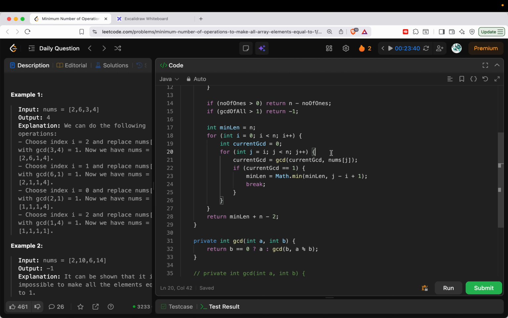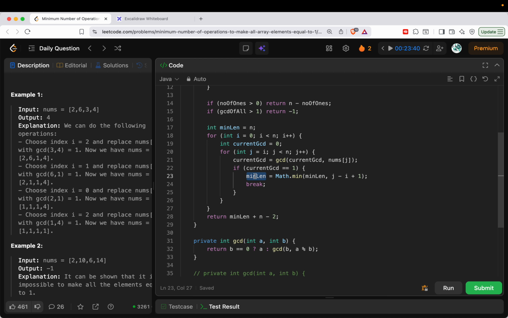Now for each subarray I'm trying to identify the GCD. The moment I identify that the GCD of a particular subarray is 1, that means I have identified a shortest subarray whose GCD is 1, and then I just break my loop.